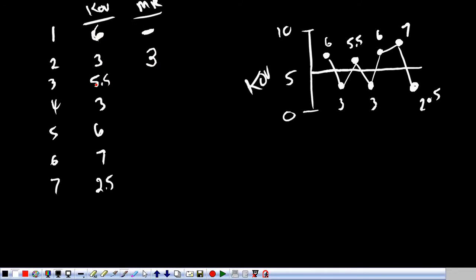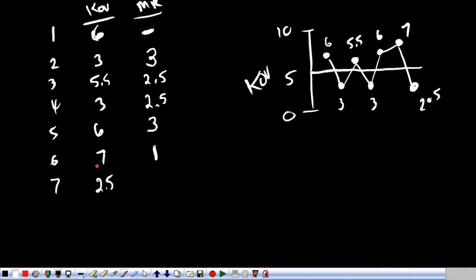This one is 5.5 minus 3, so the moving range here is 2.5. Here this is 3 minus 5.5, which is minus 2.5. Again, we just write down the positive of this. Again, you see that? 3 minus 5.5. This is 6 minus 3, which is 3. This is 7 minus 6, which is 1.